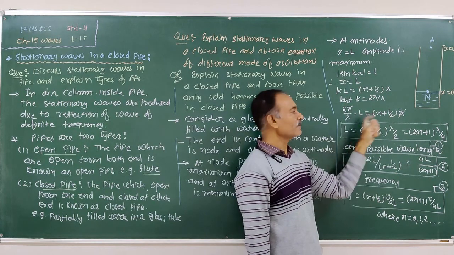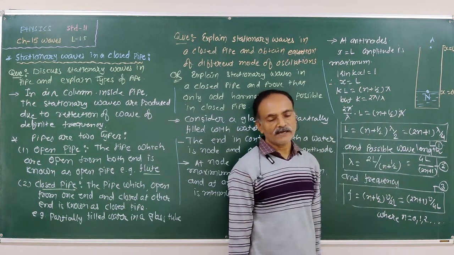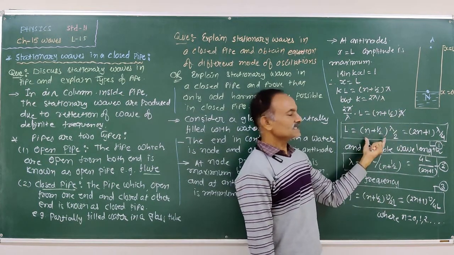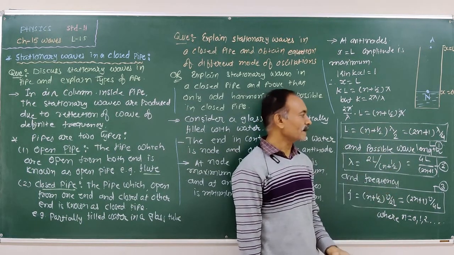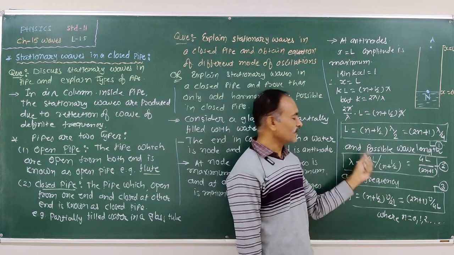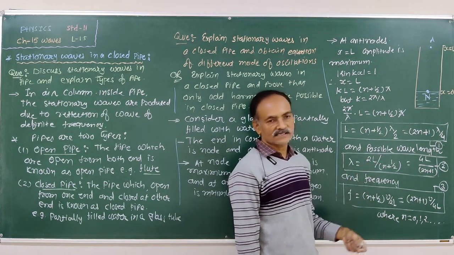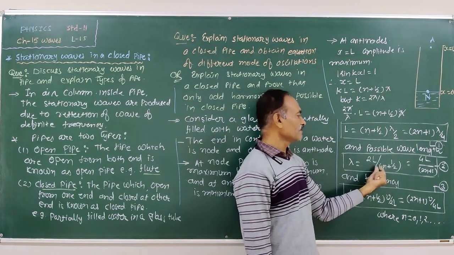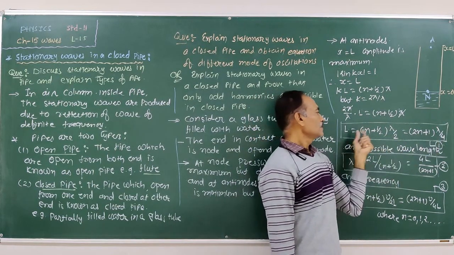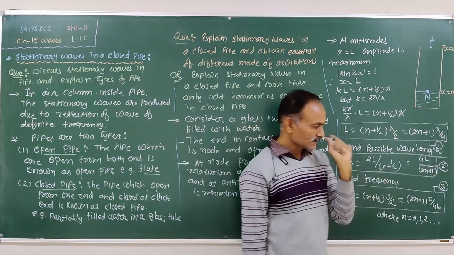This 2 upon lambda taken this side, lambda by 2. So here we take 2 as LCM. Therefore, (2n plus 1) into lambda by 4. That is our equation of length. And possible wavelength is lambda equal to 2L upon (n plus 1/2), or 4L upon (2n plus 1).